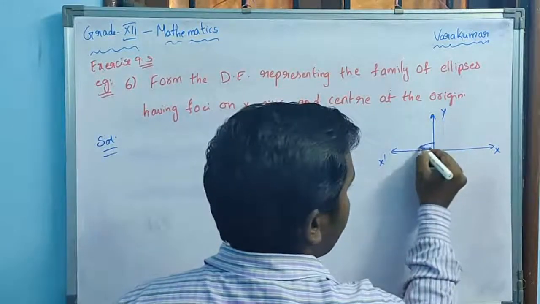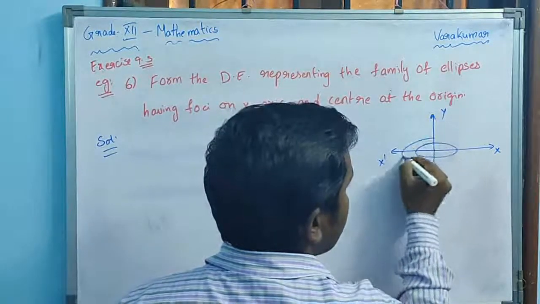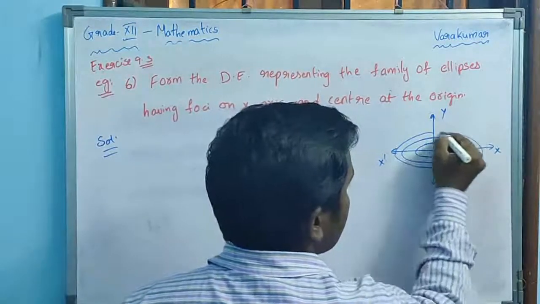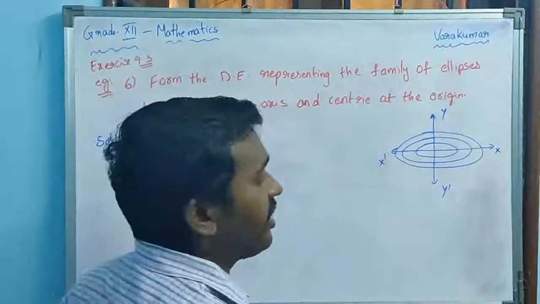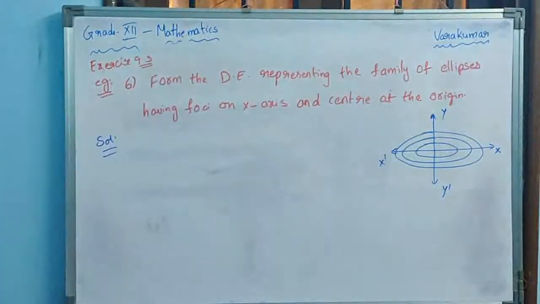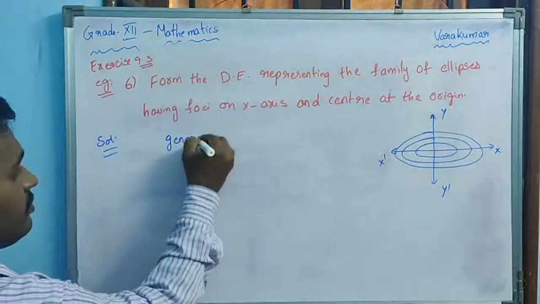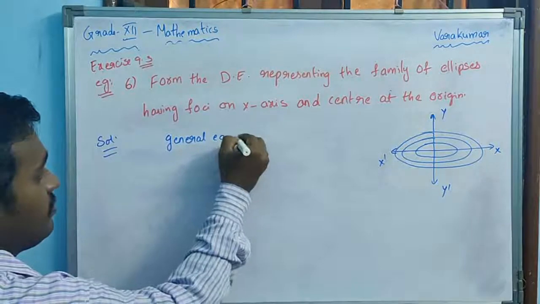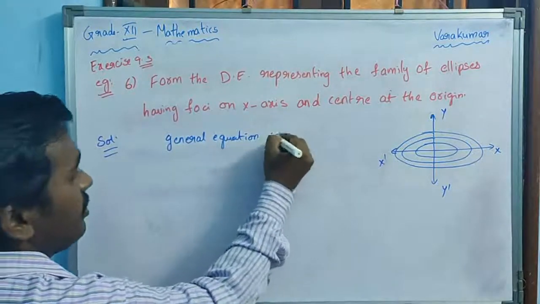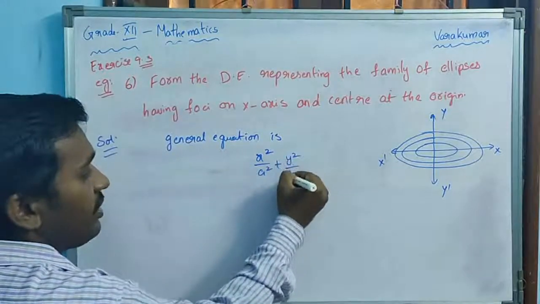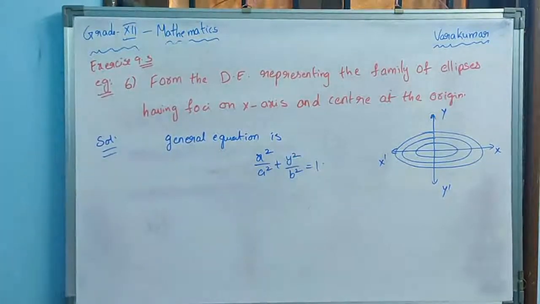See, the equation of the ellipses will be like this. The general equation which we learned in the 11th standard is x square by a square plus y square by b square equal to 1.